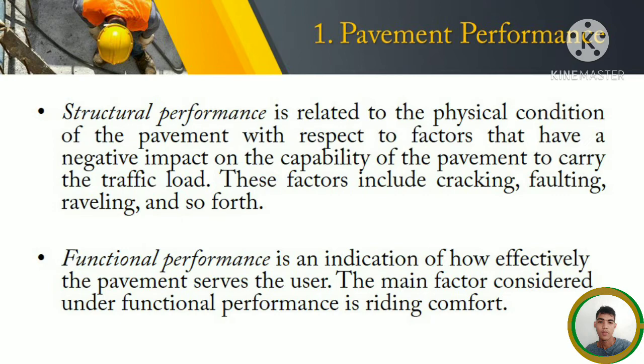The second one is the functional performance, which is the indication of how effectively the pavement serves the user. The main factor considered under the functional performance is riding comfort. Recommended values for the terminal serviceability index are 2.5 or 3.0 for major highways and 2.0 for highways with a lower classification.